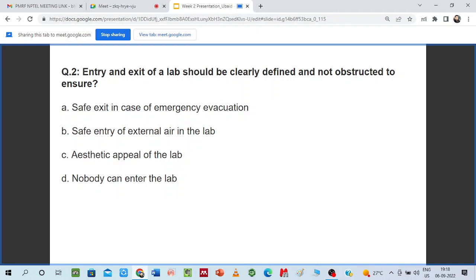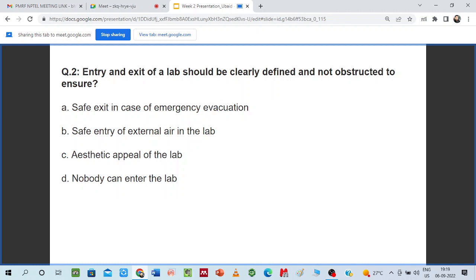So the answer is safe exit and entry in case of evacuation. For example, if any mishap happens in the cell culture, maybe the bursting of a CO2 cylinder, maybe some fire, in that case there should be a safe exit for the evacuation.